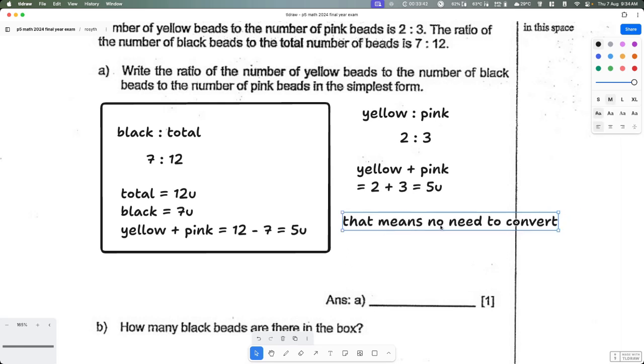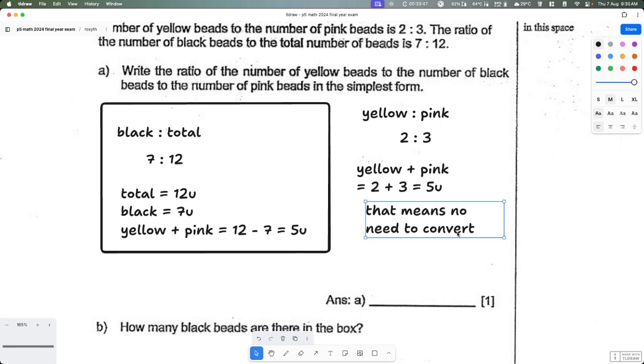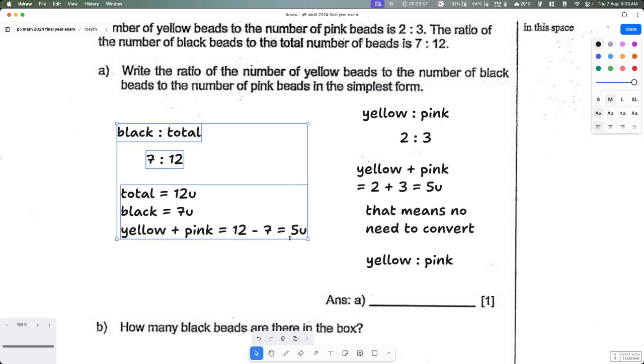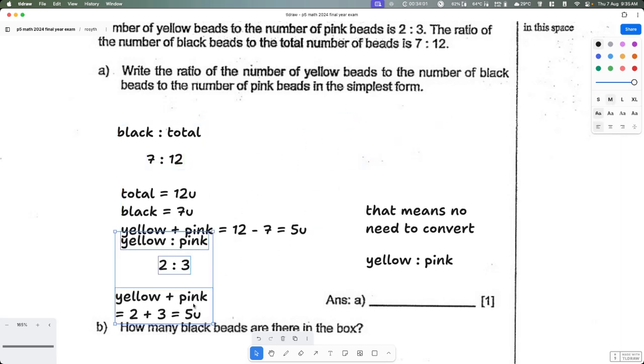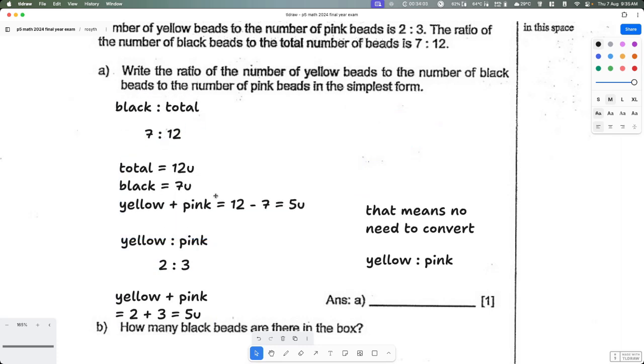Therefore, we want the yellow is to black is to pink. Okay, I'll just put a line below like this. So black is total. It's all about arranging stuff.